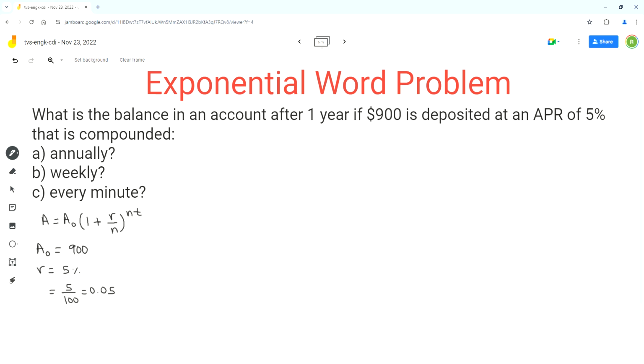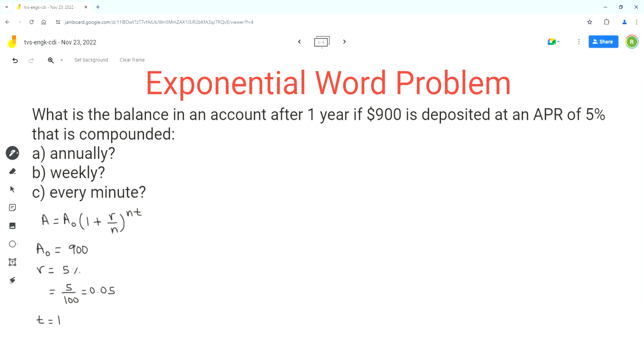I get R equals 0.05. T is equal to 1 because we have to calculate the balance in the account after 1 year. The value of N depends on the compounding frequency.